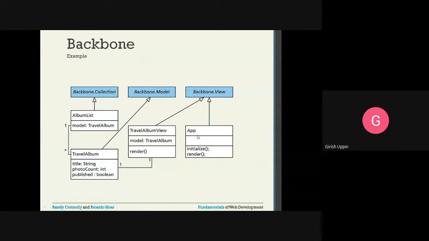Then we have the application, which also extends Backbone.View, and it has the method initialize. Basically, in initialize we set up the listeners and handlers for certain events. The render method is the one which will have the HTML output.